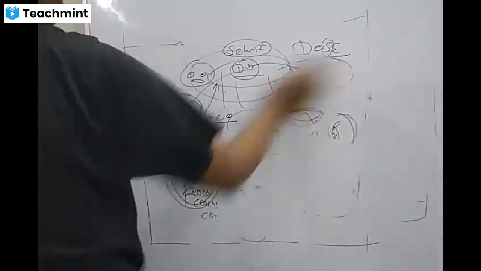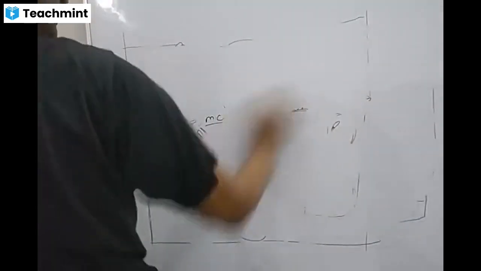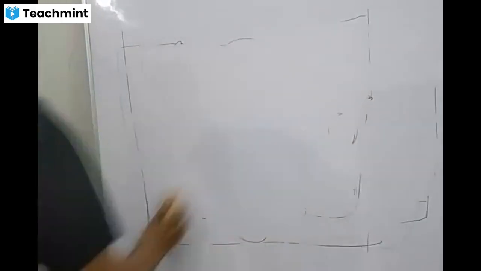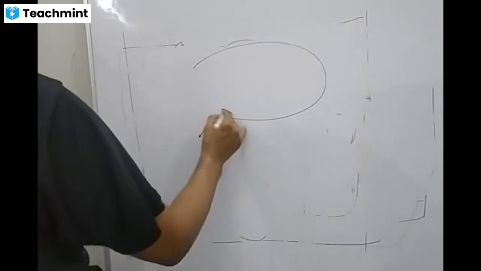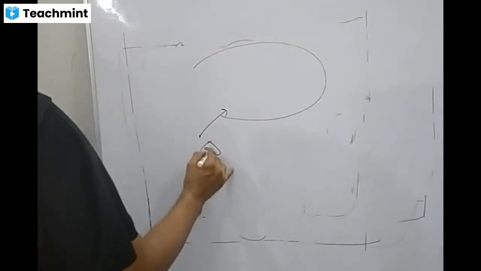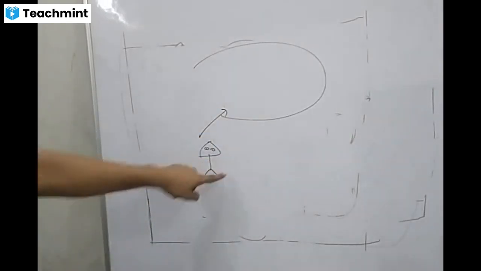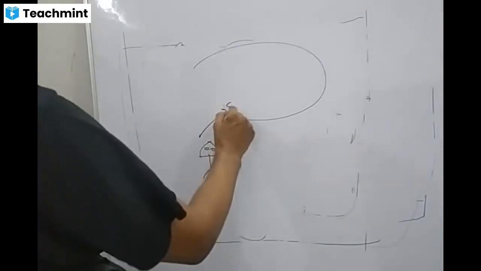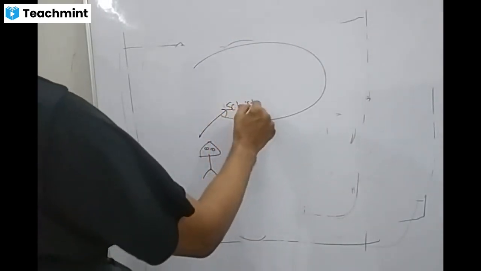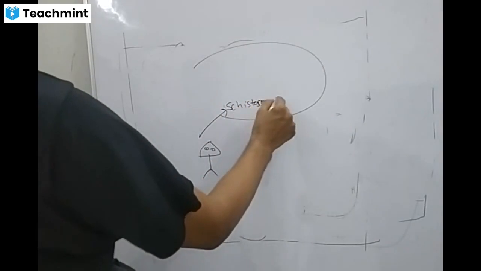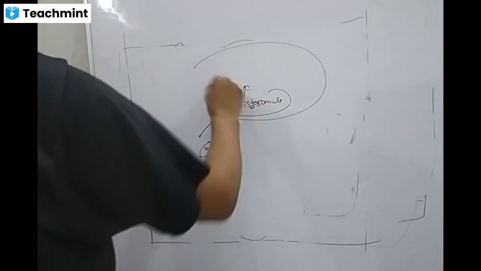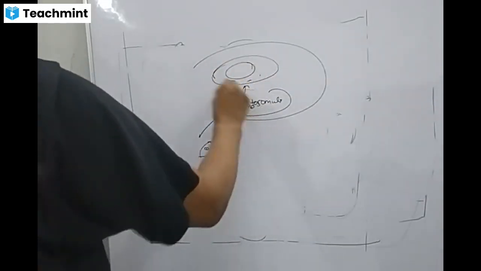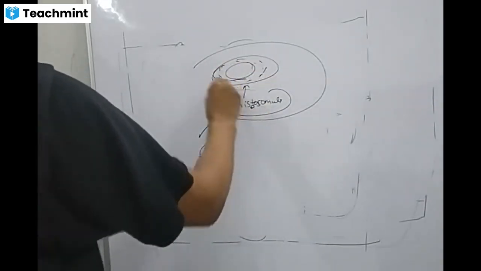Inside the body of the host, there is one more MCQ. Once this bifurcated cercaria enters, it converts into schistosomula. The schistosomula circulate inside the body within the circulation.